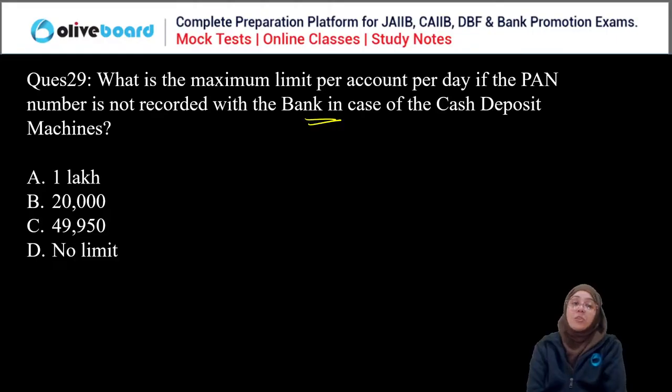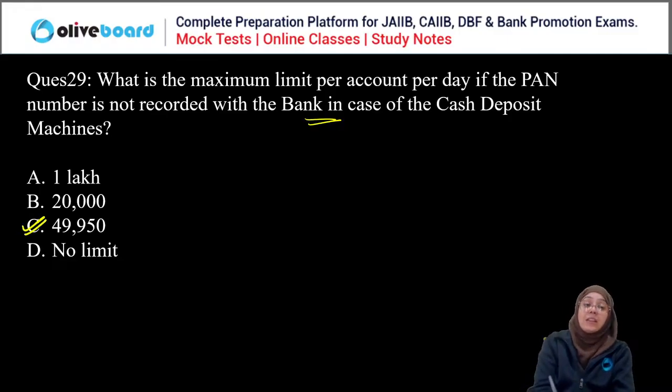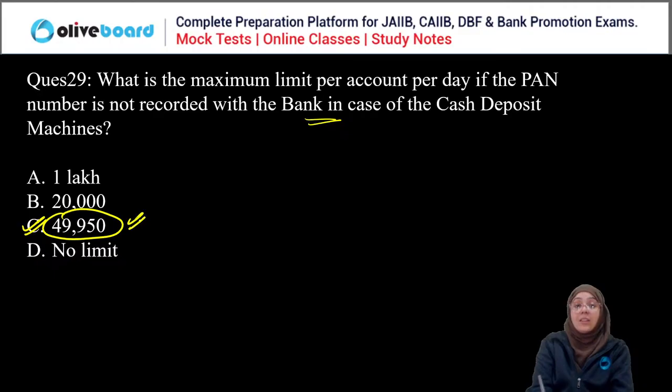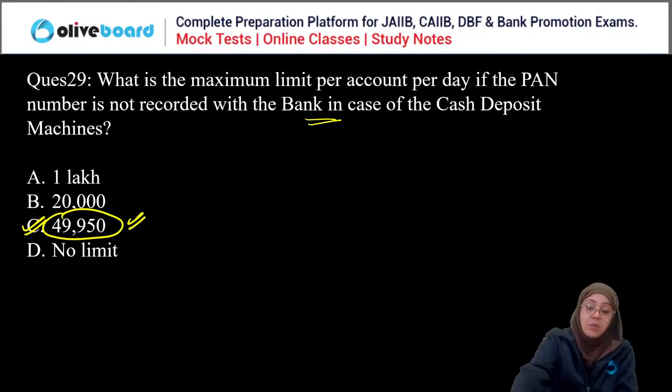If the PAN is not recorded, what is the maximum limit of the transaction? Yes, it is 49,950, right? So this is the maximum limit if the PAN is not recorded with the bank, right?